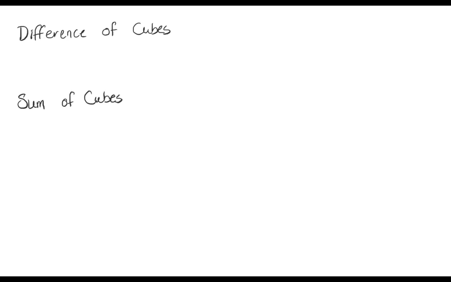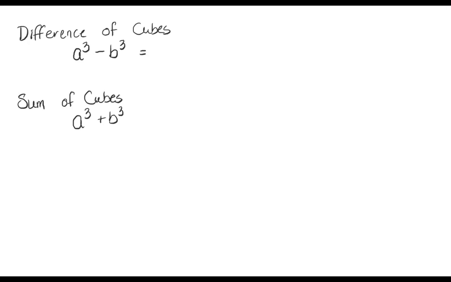So I recommend writing down these formulas every time you use them so that they sort of get ingrained in your brain a little bit better. They're going to start, as you would expect, with something like an a cubed minus b cubed, an a cubed plus b cubed. The only differences between these two formulas are in the signs. So we're going to write them down together.